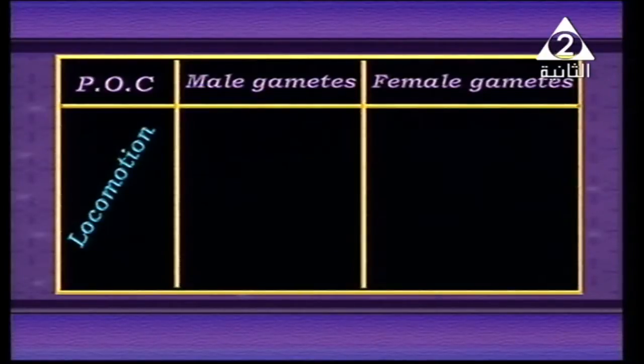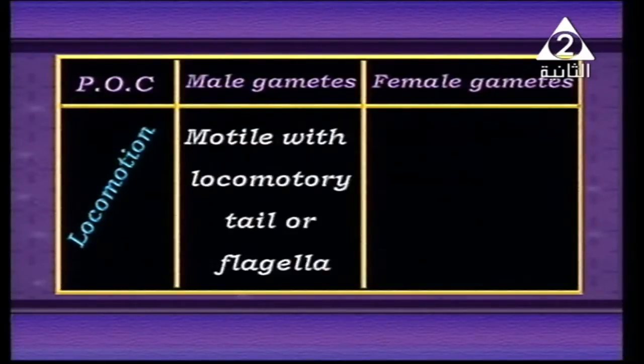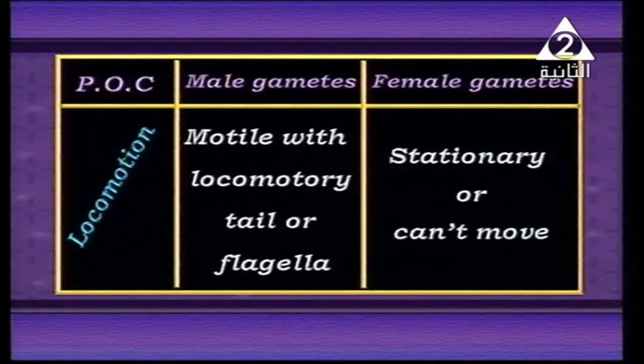Also, locomotion means the movement. Imagine which one of them will move and which one will not move, which we call stationary. Yes, the male gamete is motile, with a locomotor tail or flagella, as we're going to study in humans. While the female gamete is stationary.